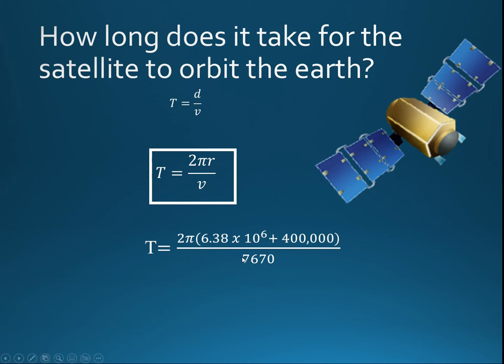Now this radius of travel would be the radius of the Earth added to that, the distance that the satellite is above the Earth. That's going to give us the total radius of this orbit, and then divided by the velocity, which we know is 7,670. Dividing this out, we will find that the time is 5,554 seconds, or approximately 93 minutes.